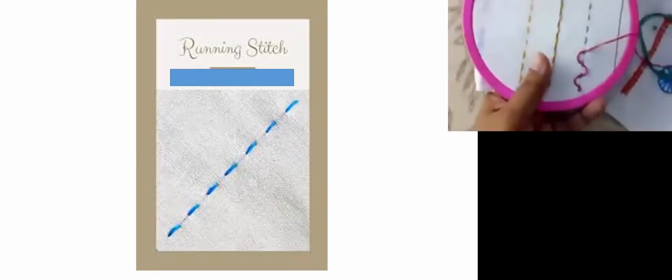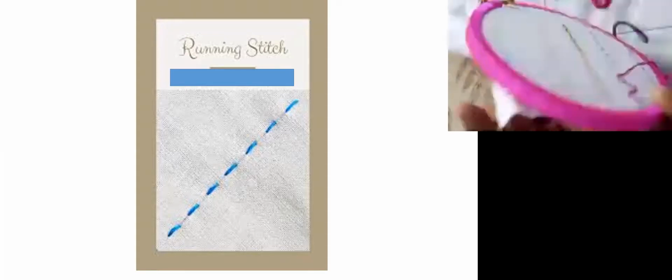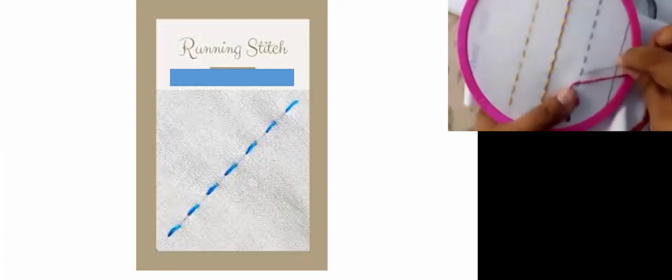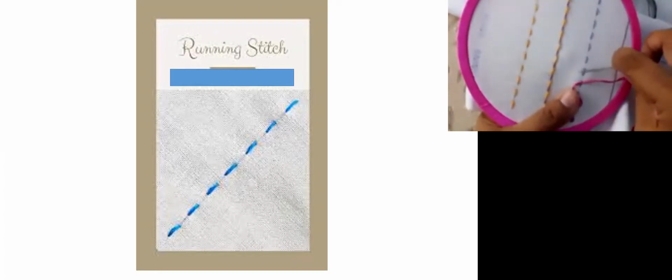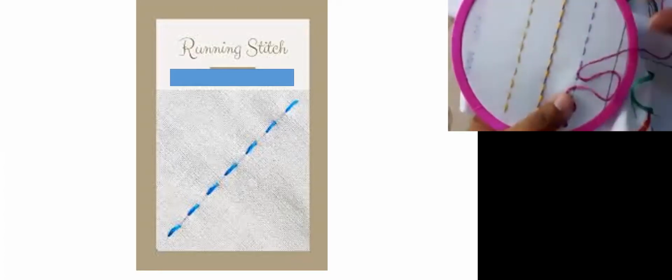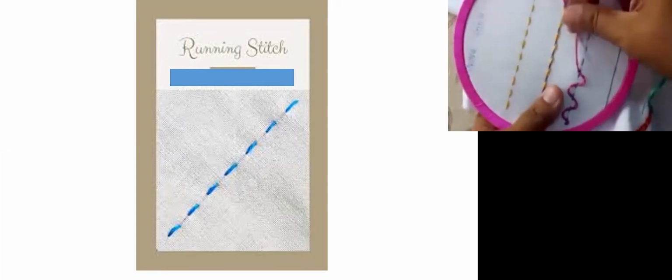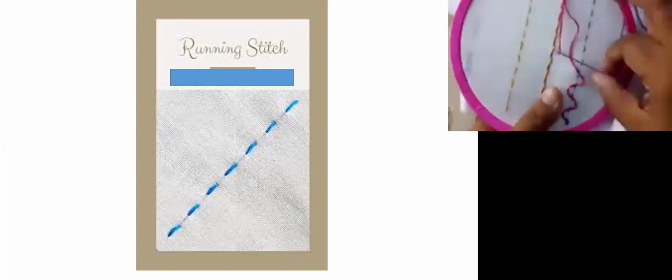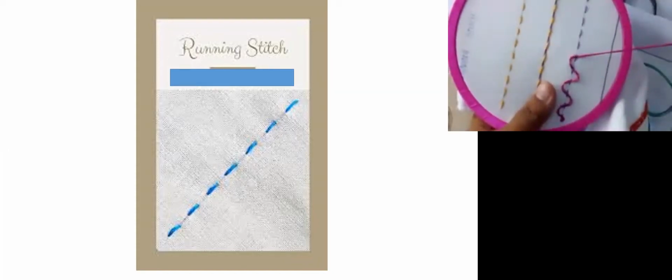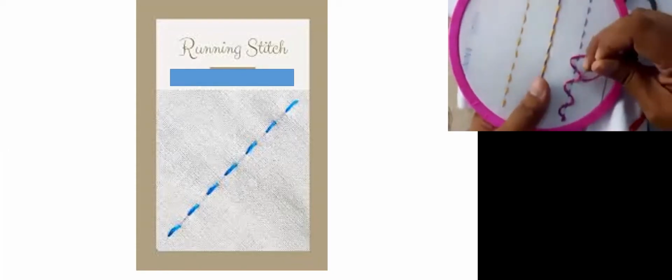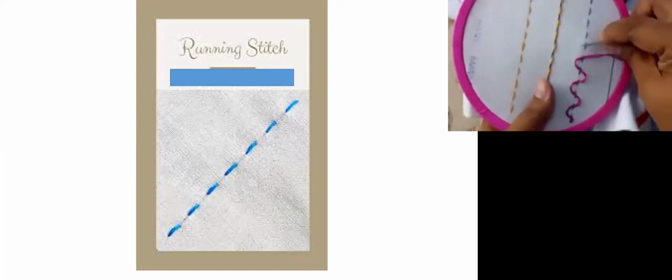We are just going in and out without going underneath. This is called laced running stitch.